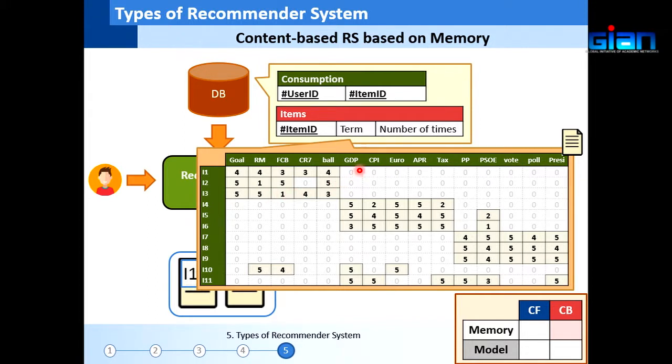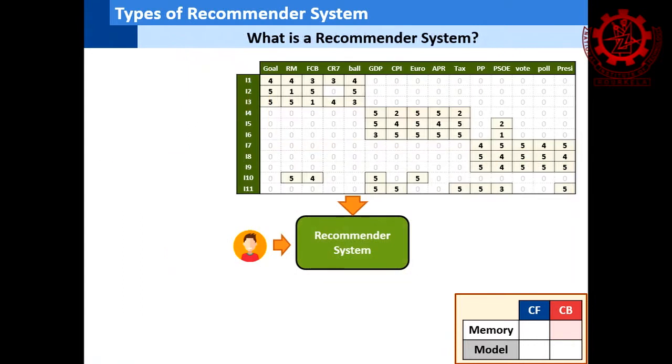As you can see, as in previous tables, this matrix is very sparse. Many words do not appear in the items because it's typical that the items use only a specific kind of words. So this is a content-based recommender system because we use information about the content of the items.